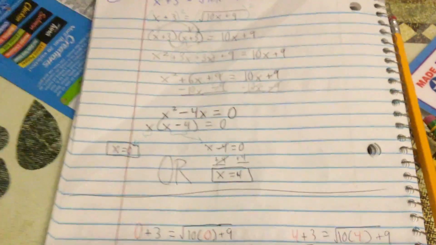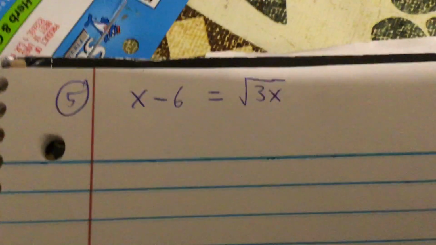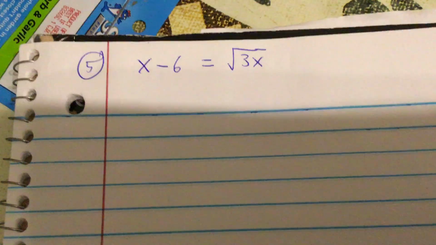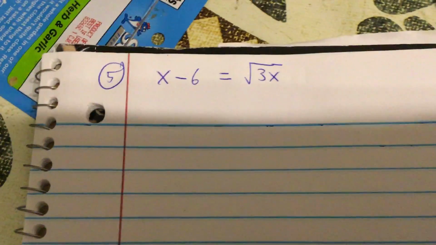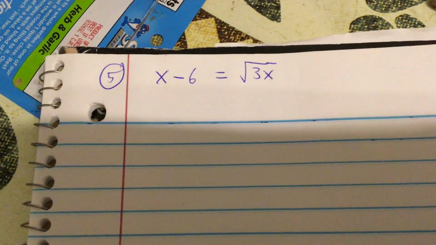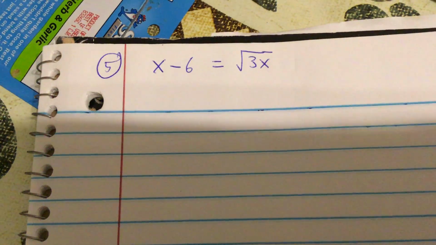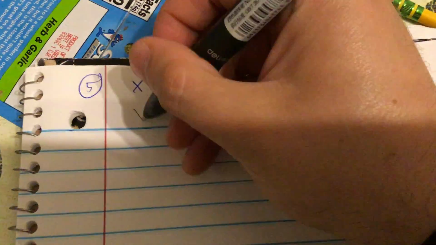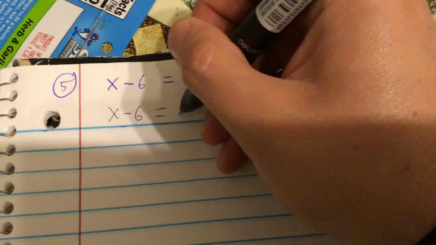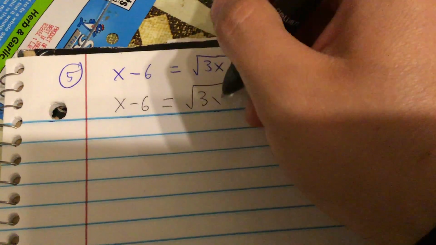Okay? Sorry about that. I want to see if we can do this one more time. Let's do this even simpler, so you get the idea. x minus 6 is equal to the square root of 3x. I'm going to square both sides.